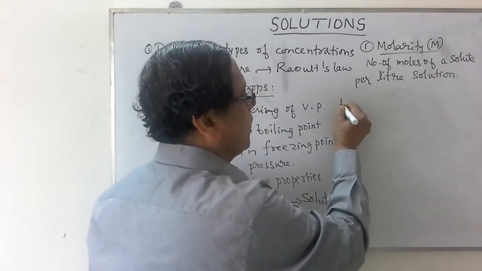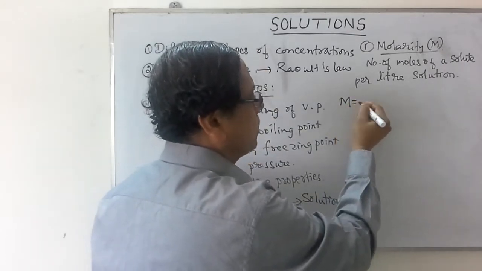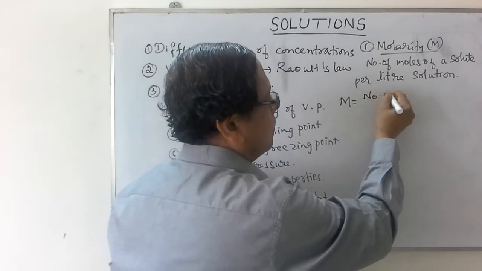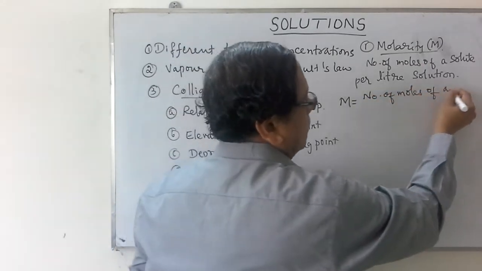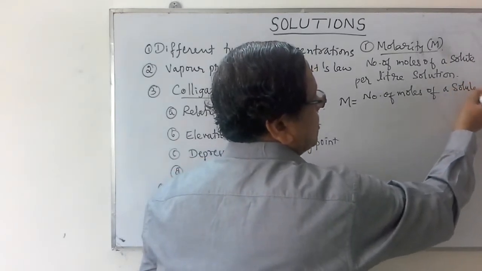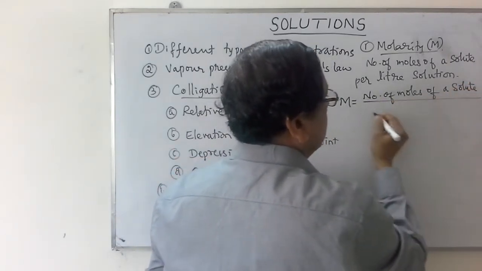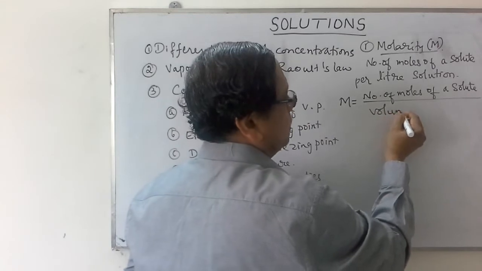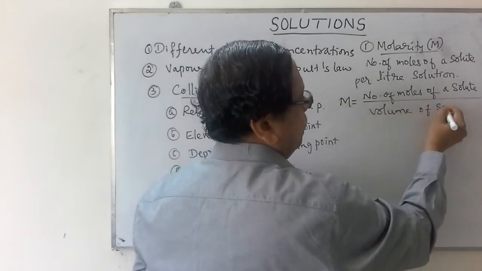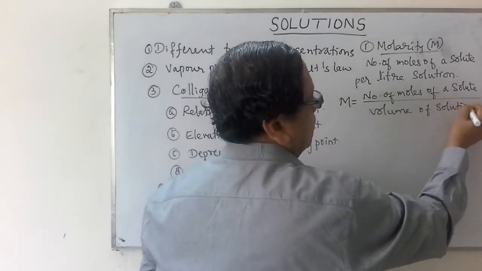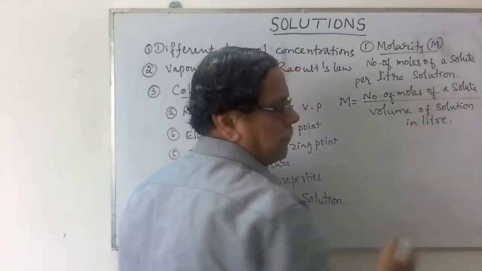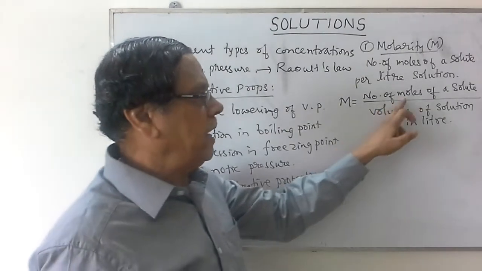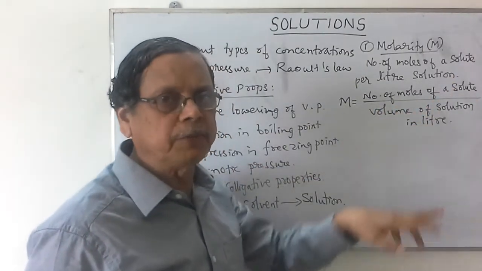That is, we write molarity M is equal to number of moles of solute divided by volume of solution in liter. Suppose you are not directly given the number of moles of the solute.